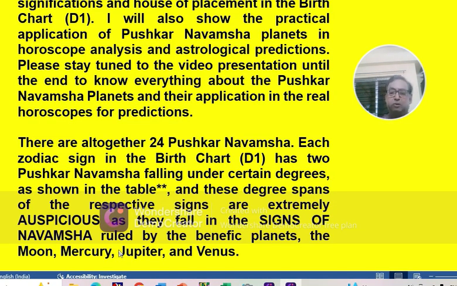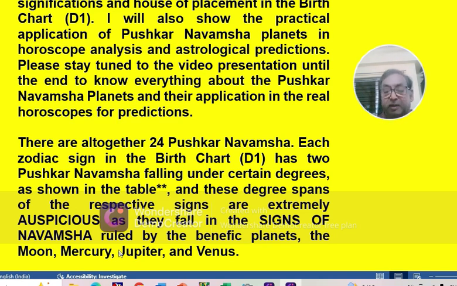There are altogether 24 Pushkar Navamsha. Each zodiac sign in the birth chart D1 has two Pushkar Navamsha falling under certain degrees as shown in the table I have prepared. These degree spans of the respective signs are extremely auspicious as they fall in the zodiac signs of Navamsha ruled by the benefic planets.